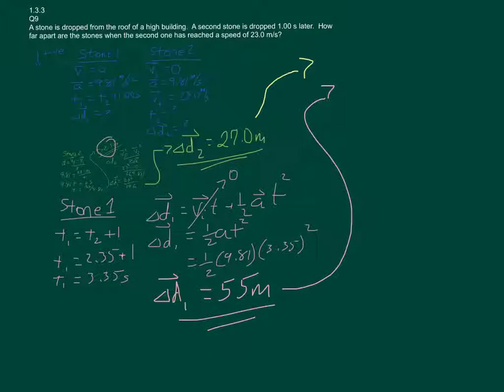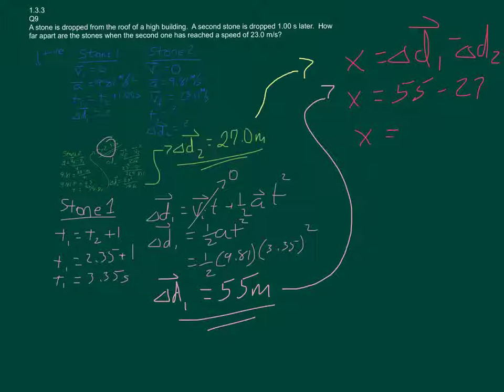Alright. Let's do a different color just for fun. I can say that the difference between the two, we'll call X, is delta D1 minus delta D2. So X equals 55 minus 27.